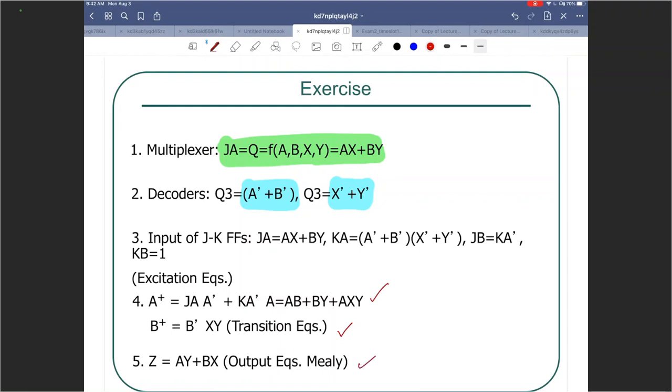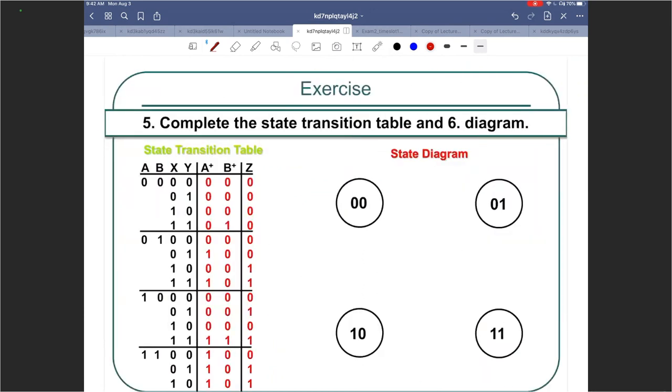Using these, you go to the next step, which is present state input, next state output. That is the skeleton. Present state was AB. Your inputs now are XY. So 4 inputs in total. You will have 16 possibilities.